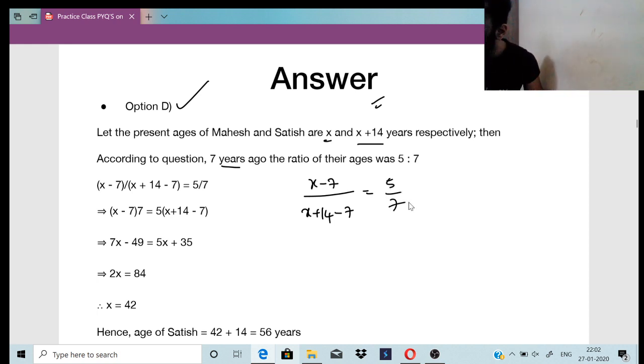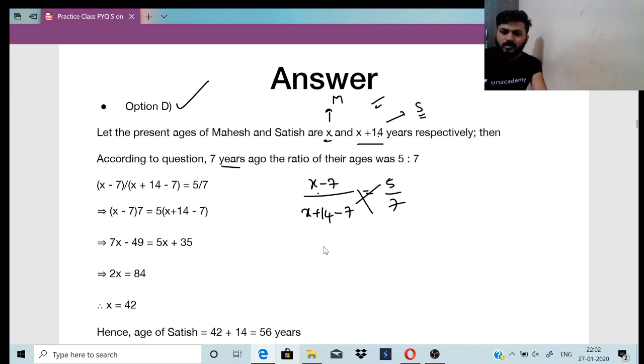So x का वैल्यू किसका है? ये महेश का है और ये सतीश का है. Pranav, you have given the answer of Mahesh; now you have given the right answer, Satish.